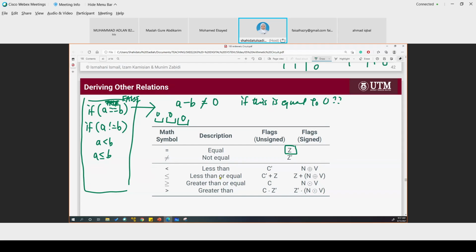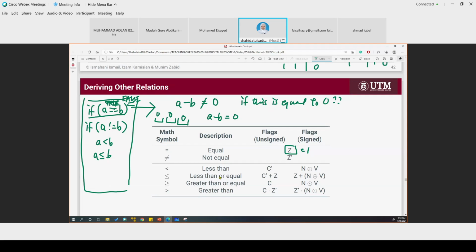But instead, we only check the Z flag. If the Z flag is 0, then we know this is false, because it's not set. Z is 1 when the answer of A minus B is all 0. So if Z is 1, then we know that this condition is true.